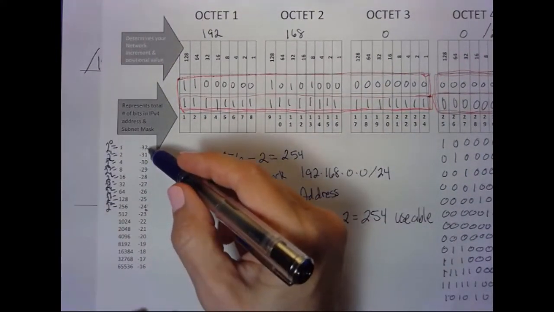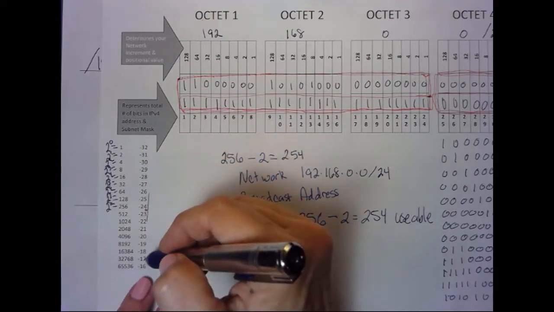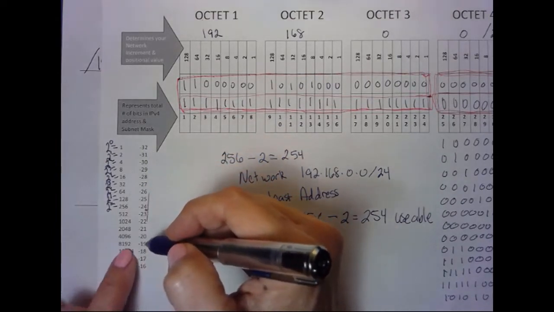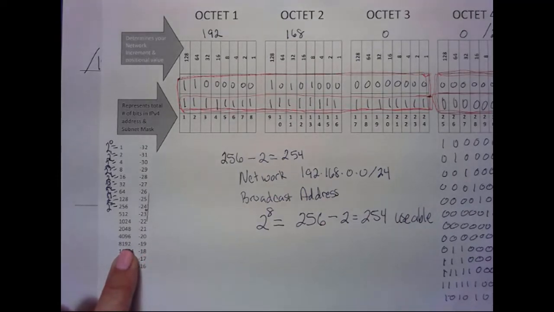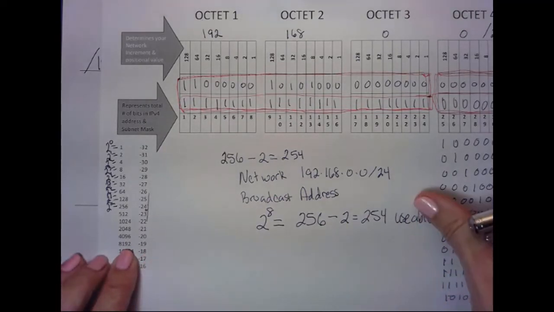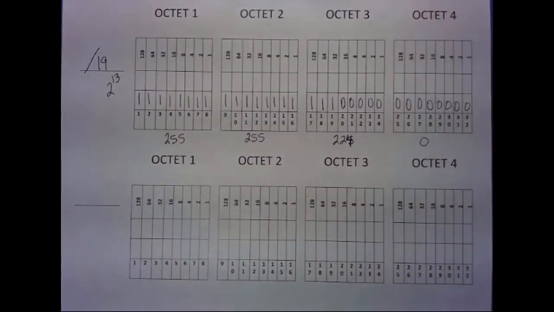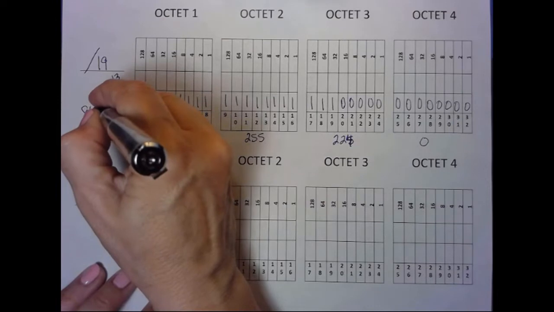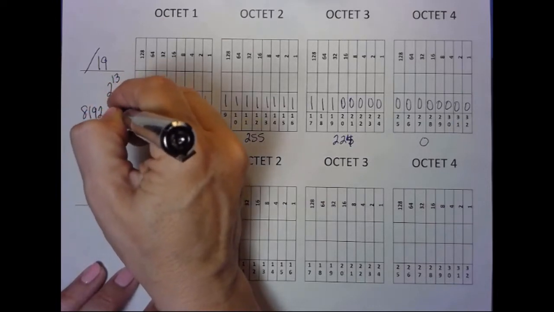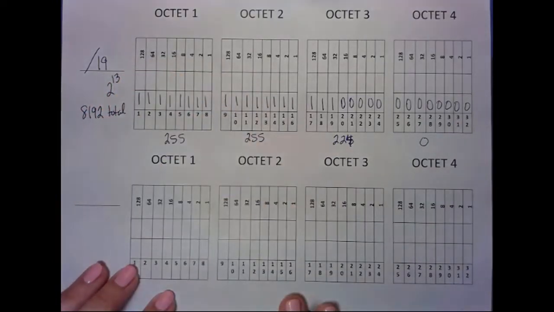So a /19 gives me 8,192 total addresses. But what do I need to do?